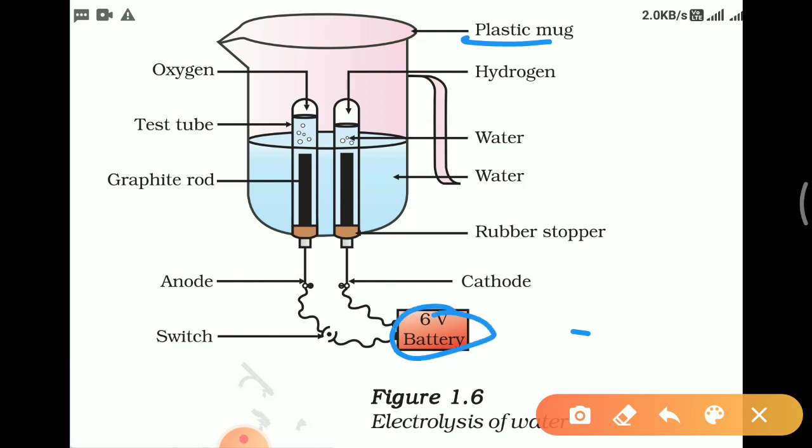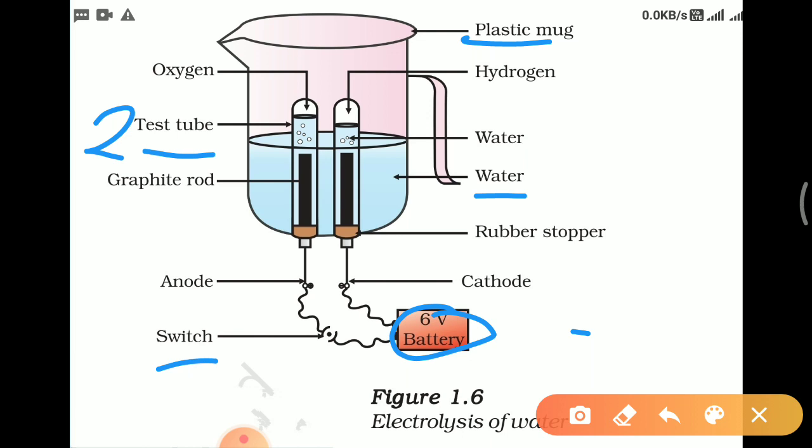Fill the mug with water such that the electrodes are immersed. Add a few drops of dilute sulfuric acid to the water. Now take 2 test tubes filled with water and invert them over the 2 carbon electrodes. Switch on the current and leave the apparatus undisturbed for some time.